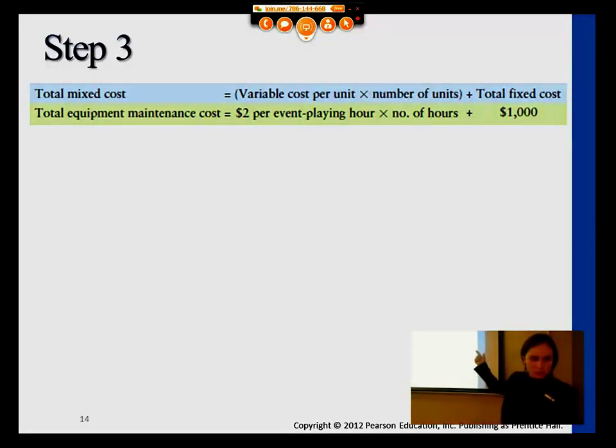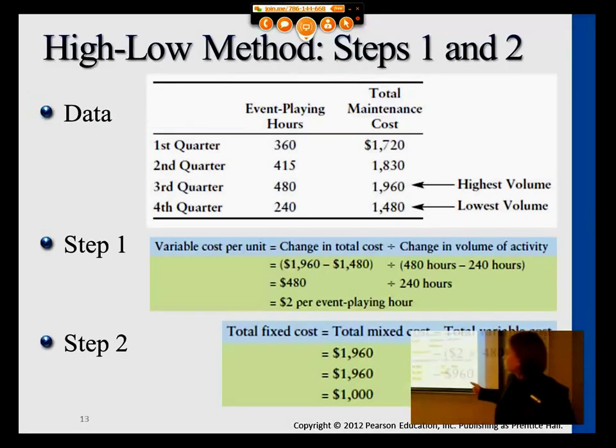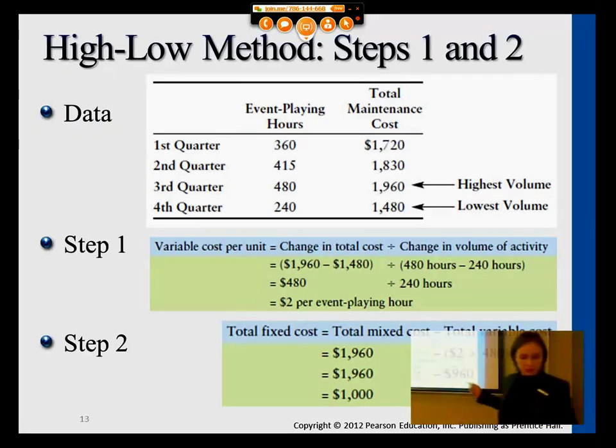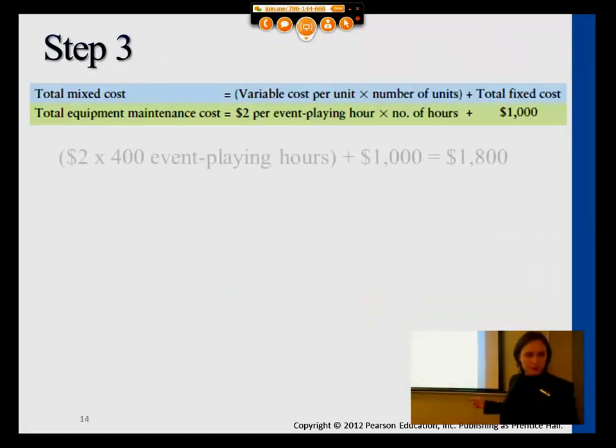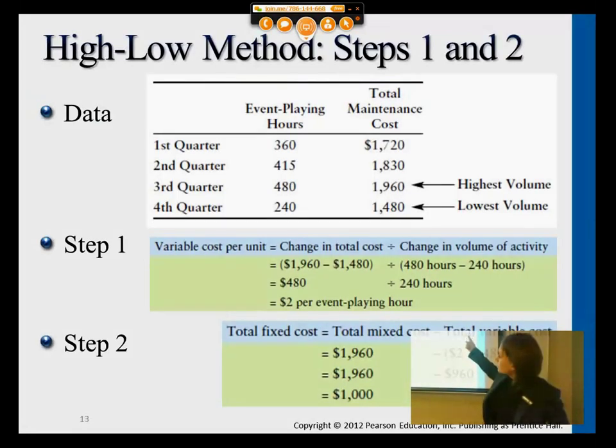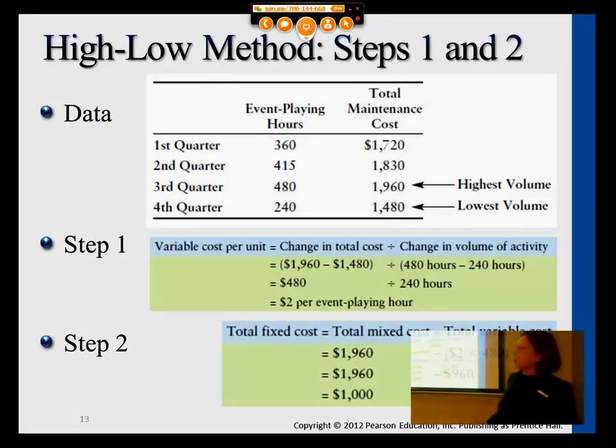We just figured the total equipment maintenance cost, right? Which was kind of here. We're just rearranging the numbers. So let's see. We have $2, right? We know our $1,000 where it's coming from. So let's see here. That's our 1,000 fixed cost, right?